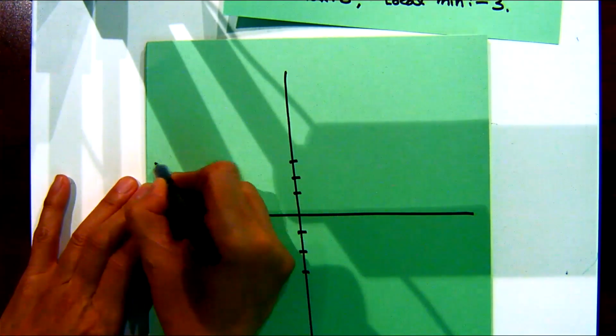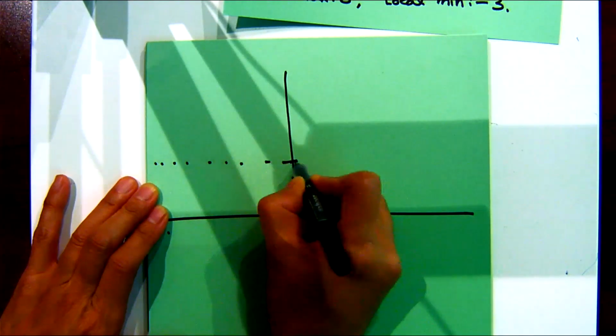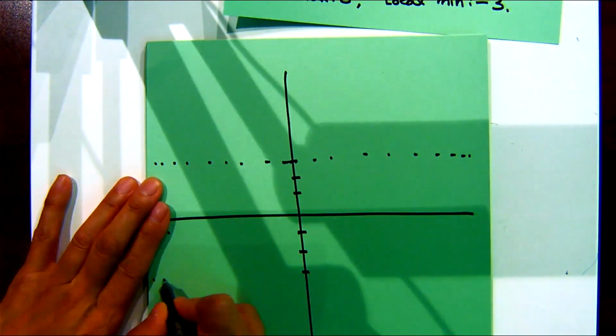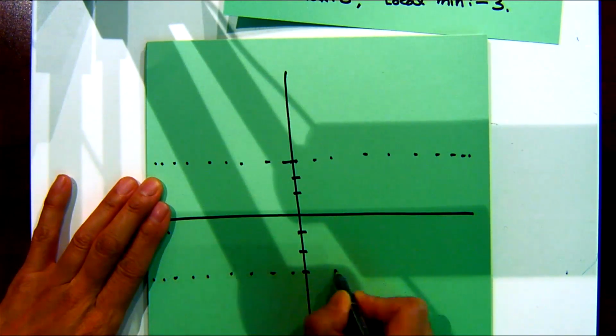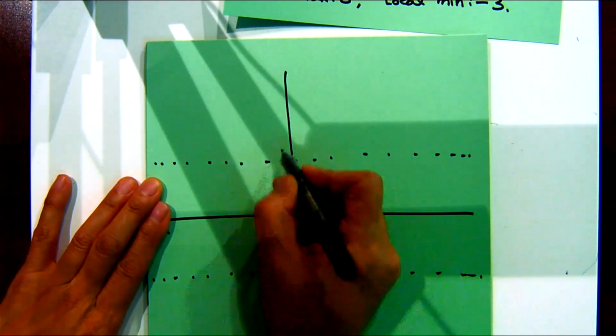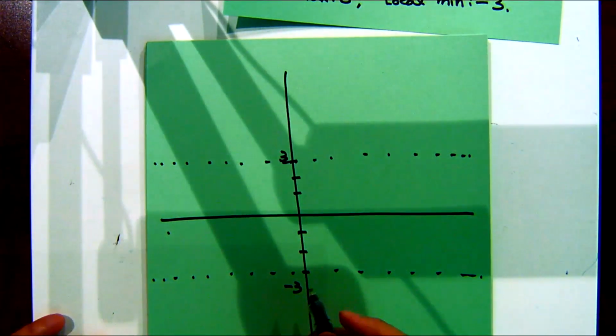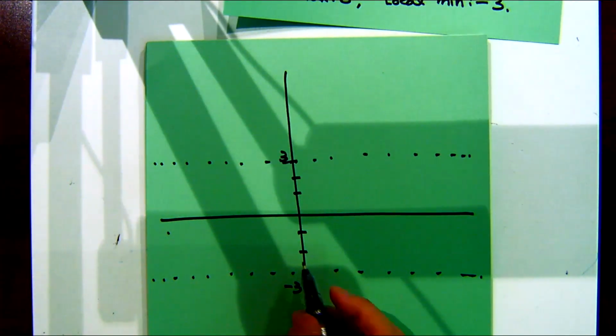So we will bound with 3 and -3 for 3 times cosecant function like this. This is 3. This is -3. But we have to start with the sine function.